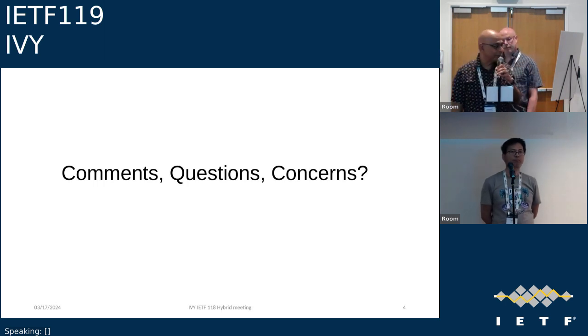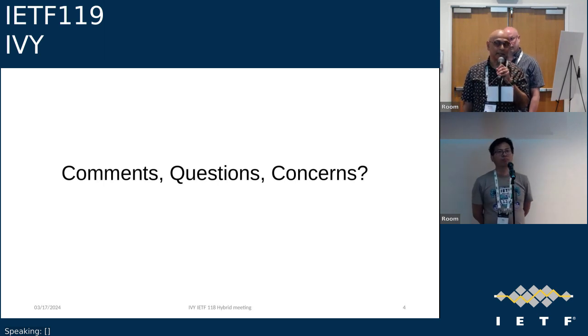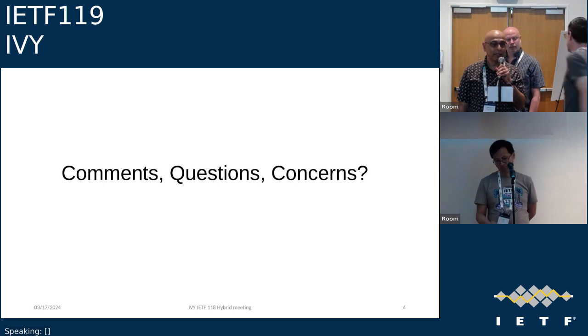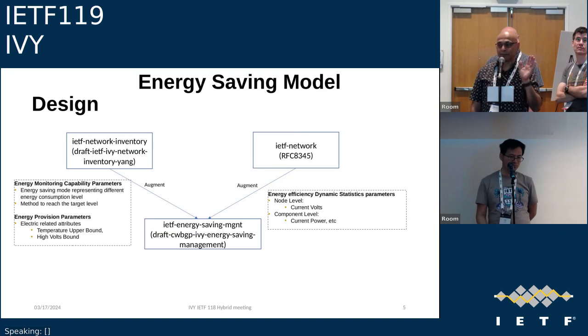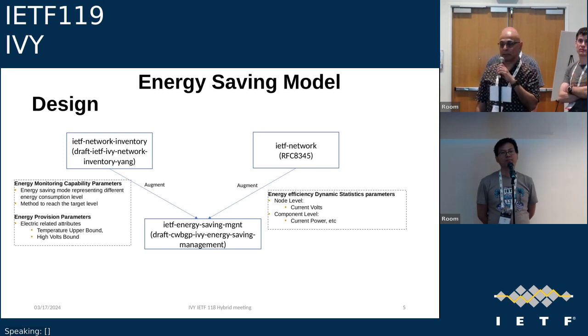So for the green initiative, or at least looking at the power consumption model, I don't have all the details of what the charter of the new working group is going to be, but it's going to be mostly around power management and power efficiency. So in that sense, is it an augmentation of the inventory model? That's a question that the working group can try to figure out. I don't have an opinion.